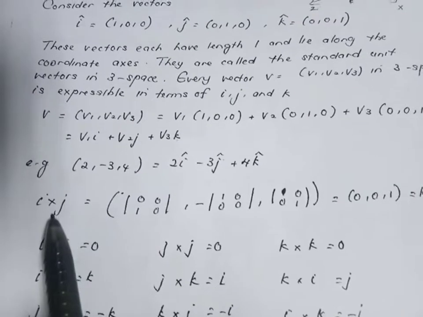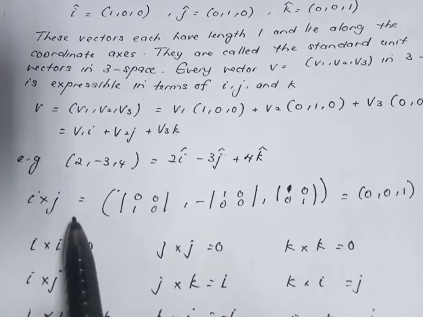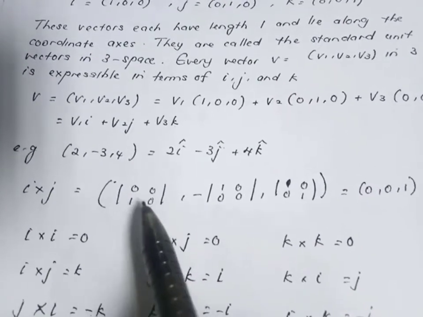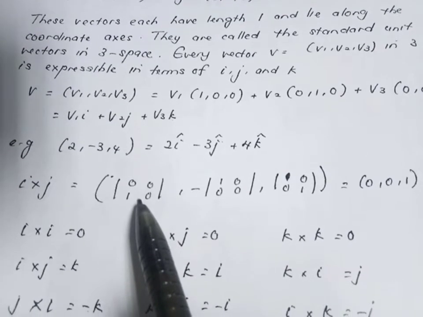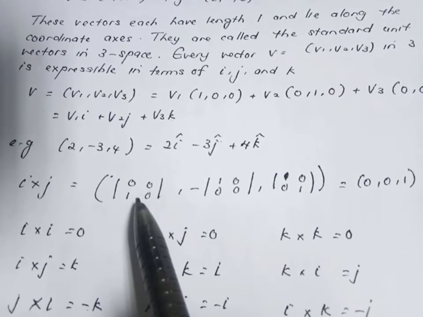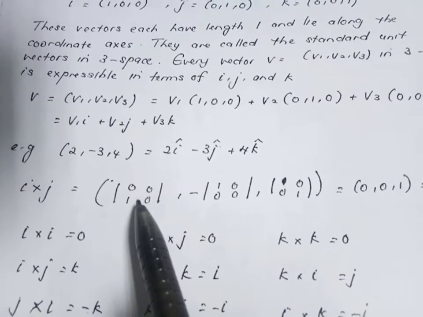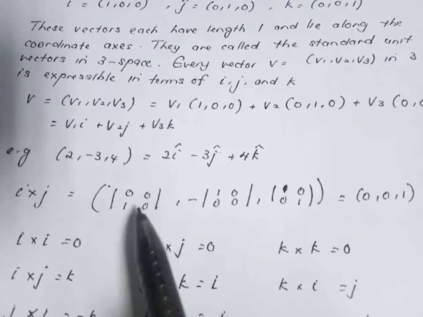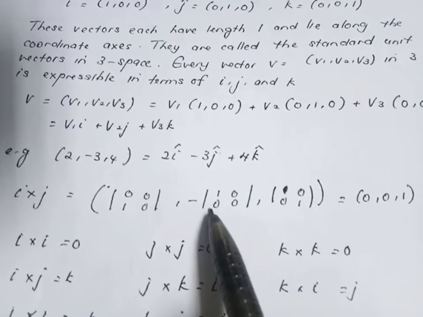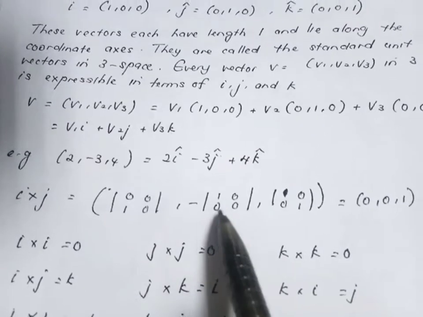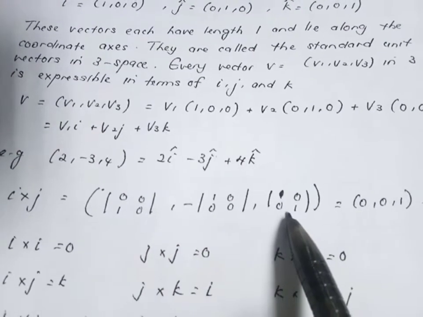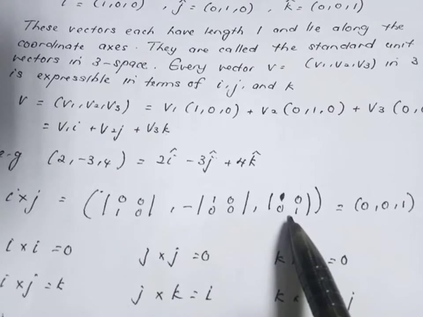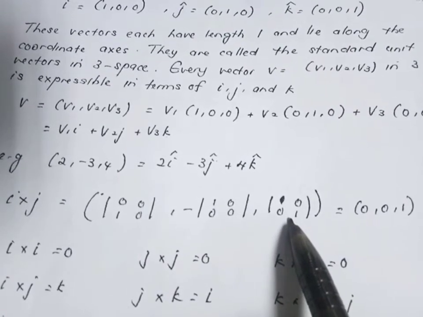Okay, i cross product j. The first component is given by the determinant of a 2 by 2 matrix, and then the second component is given by the determinant of a 2 by 2 of this one, and the component k is given by the determinant of a 2 by 2 of this matrix.